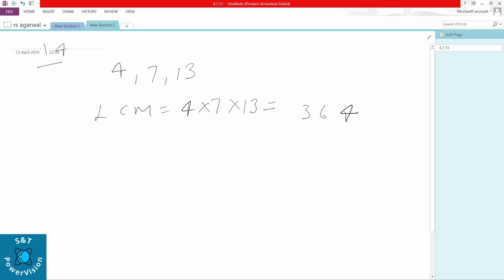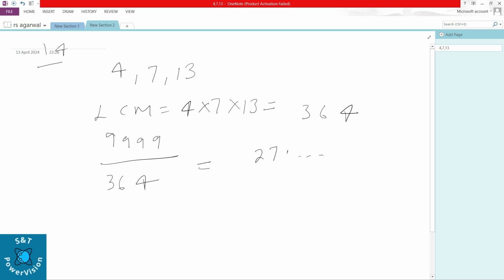Now we have to take the greatest 4 digit number here. So again, 9999 divided by 364. Here it will come approximately 27 point something.